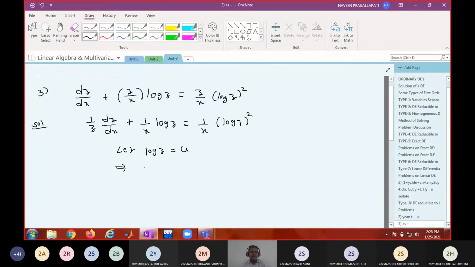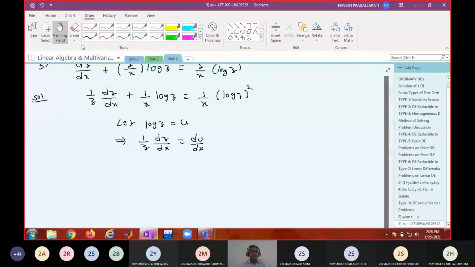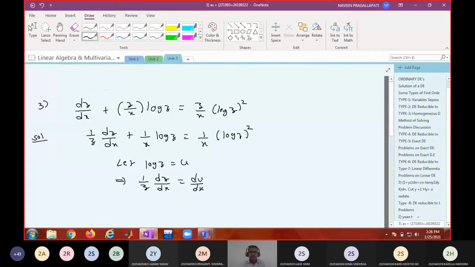What is the log z derivative? 1 by z into dz by dx is equal to du by dx. Now, can I replace this 1 by z into dz by dx with du by dx? Yes. Call it equation 1, call this equation 2.